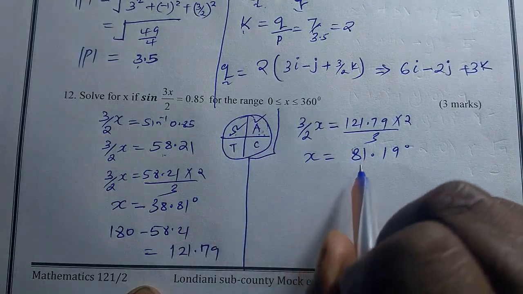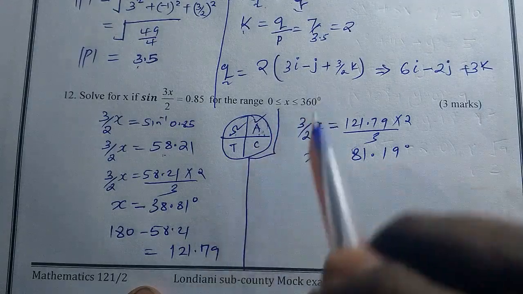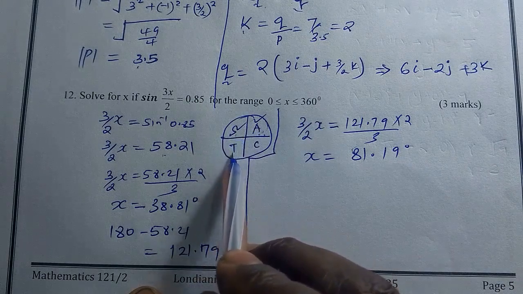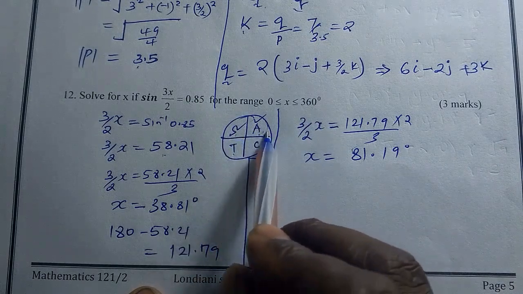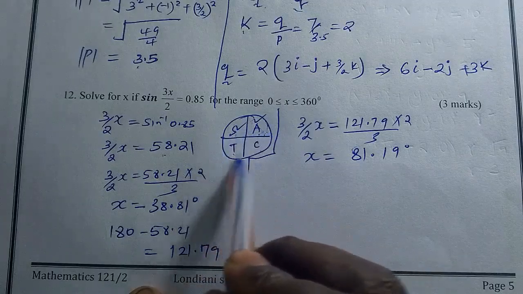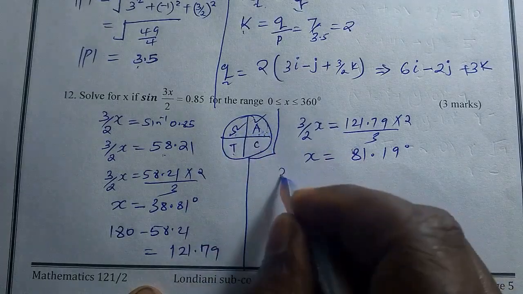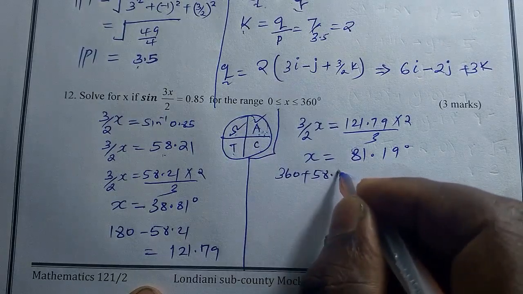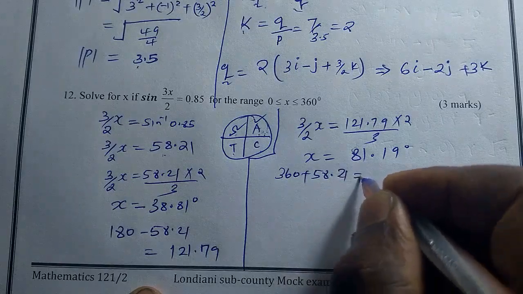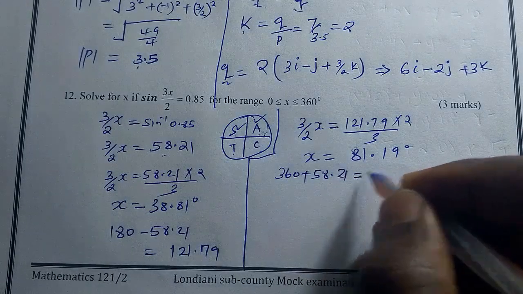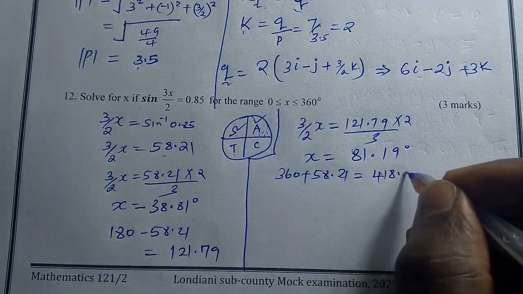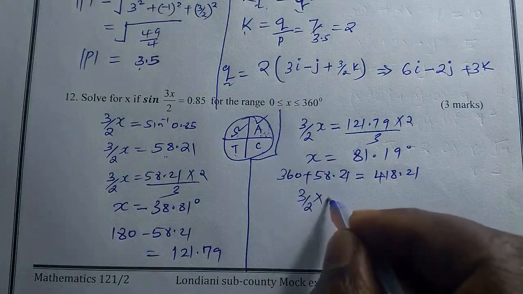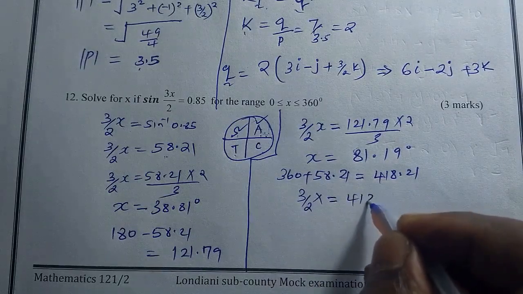So we have finished here, but we see the range was up to 360, so we need to go on. The third one will go to the negative, so we come here. How do you get an angle after going 360? It is 360 plus 58.21. That one will give us 418.21. So 3 over 2 x is equal to 418.21.